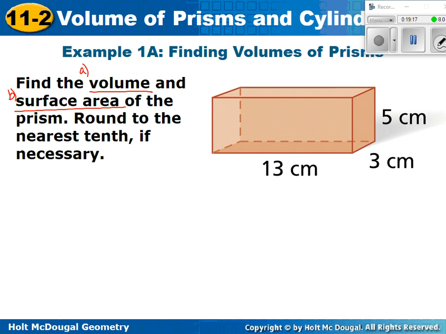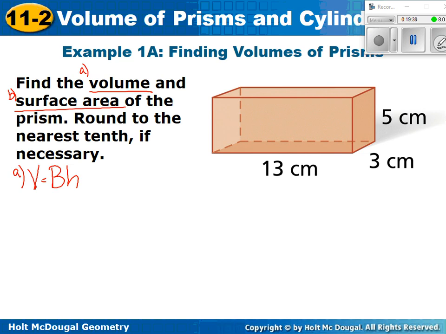Okay? So I'm going to show you what I would do if I were you because these problems are going to get harder. Pay attention to me right now. Do what I'm doing. Don't just assume you've got this. It's easy because they do get harder, okay? So first volume. What's our formula? Capital BH. Thank you.